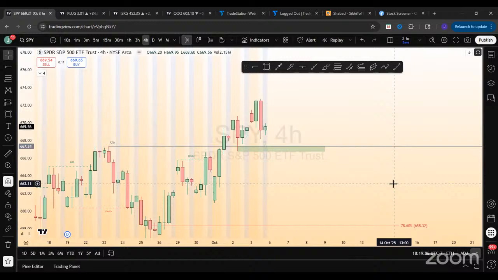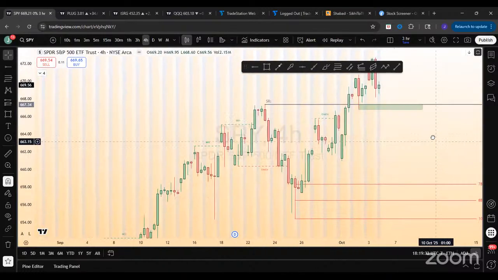Even the government shutdown didn't impact anything. It was all noise. People are looking forward to more rate cuts and all that. Santa Rally is going to be good this year. Seasonality wise, October has a dip. September had a dip, we can see where the September dip was right here.